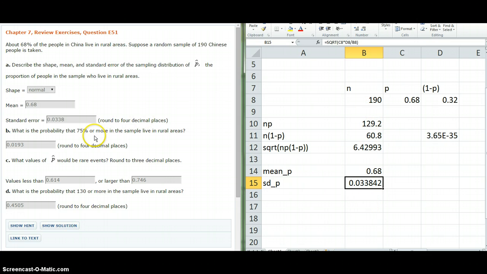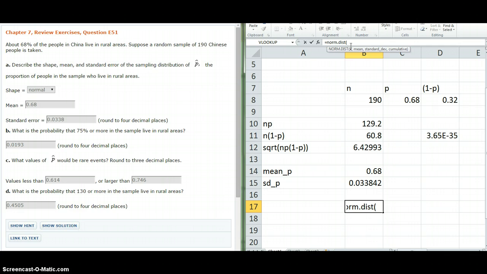Okay, probability that 75% or more live in rural areas. So again, 68% is the mean. That's what I would expect to get in a sample of 190. But of course, there's always some variance from that mean. So probability that 75% or more, well, let me use the normal distribution.